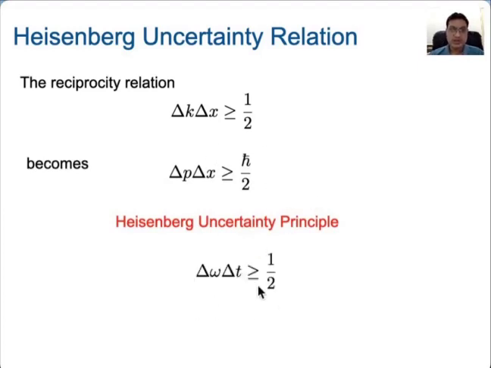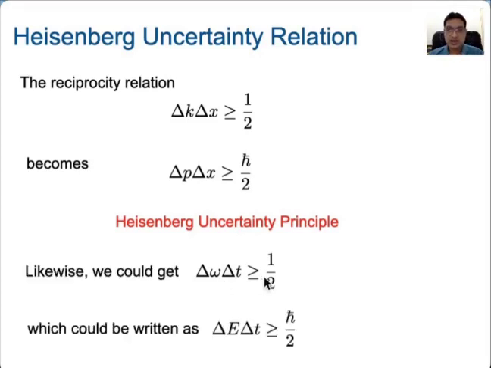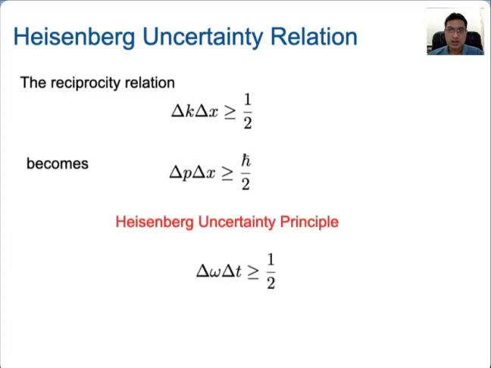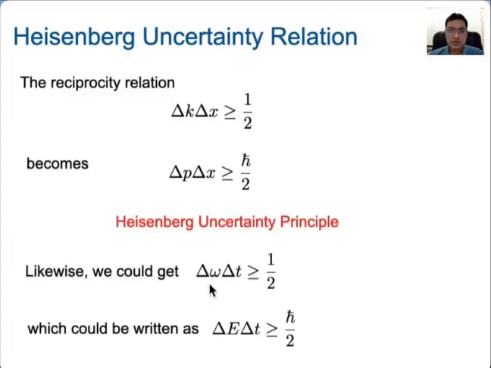So this is what we have seen as a reciprocity relation in the time-frequency domain. If you use energy E equals h cross omega, then we can easily replace this delta omega by delta E and the h cross comes here.